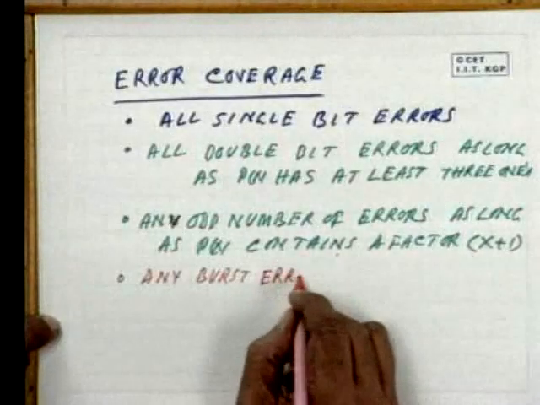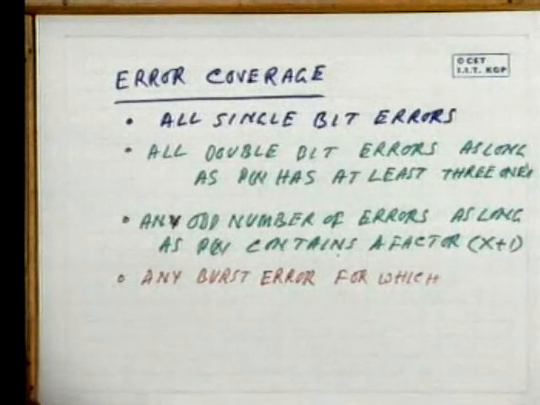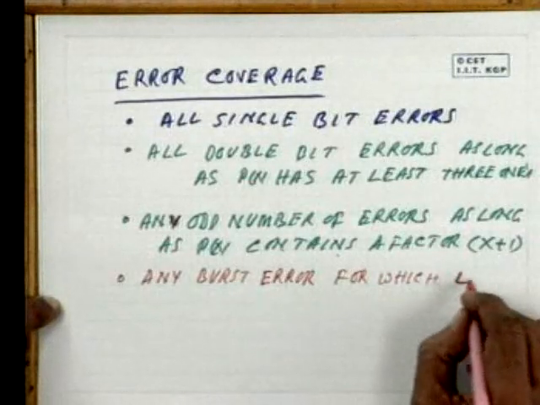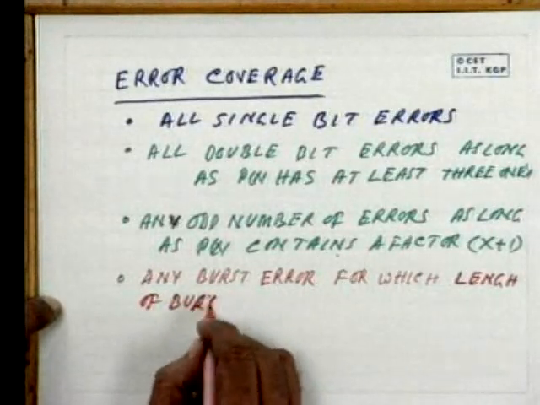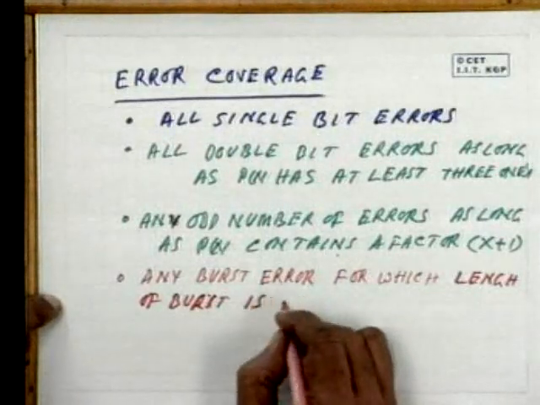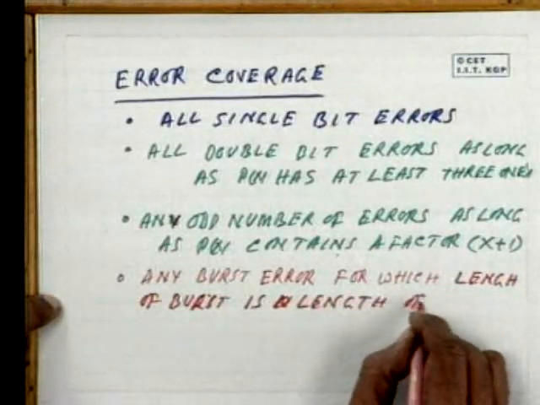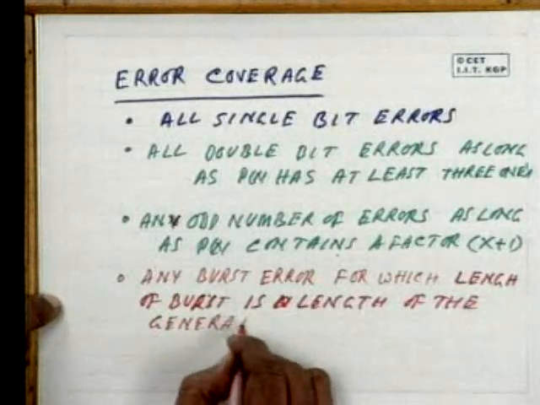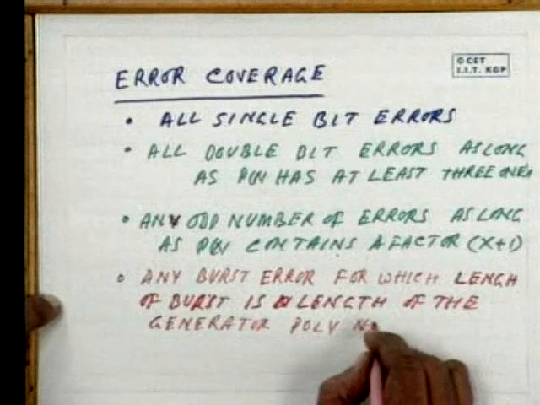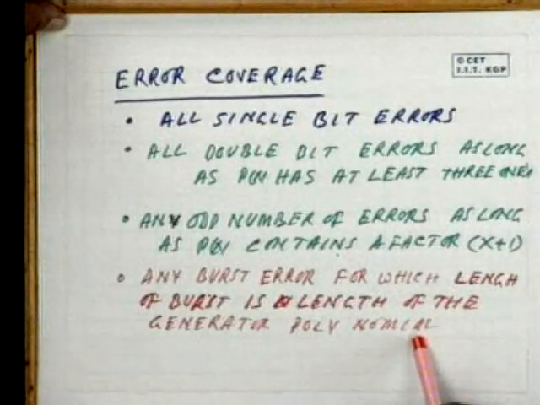Any burst error for which the length of the burst is less than the length of the generator polynomial can be detected. So the longer the length of the generator polynomial, the more bits in the burst error that you can detect.